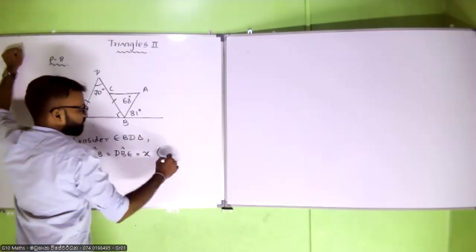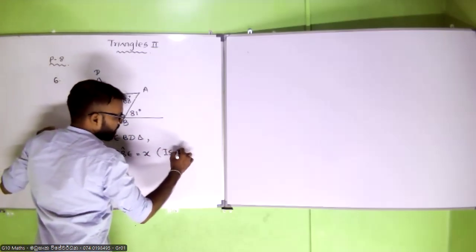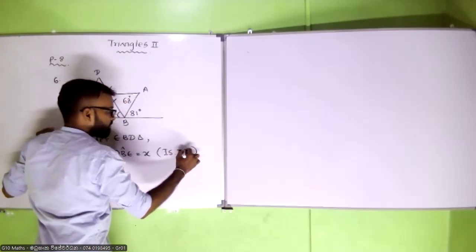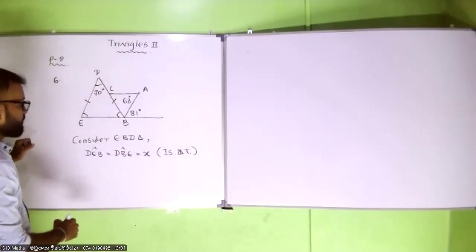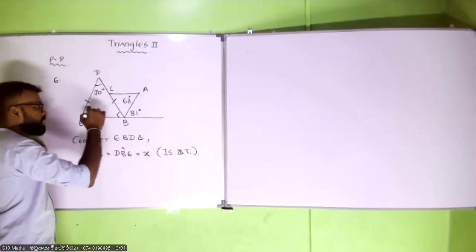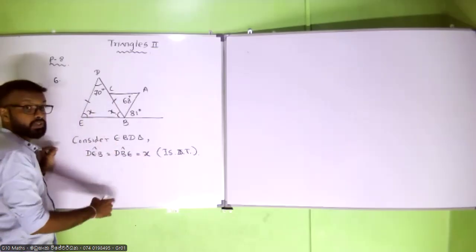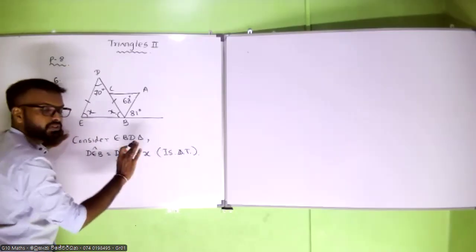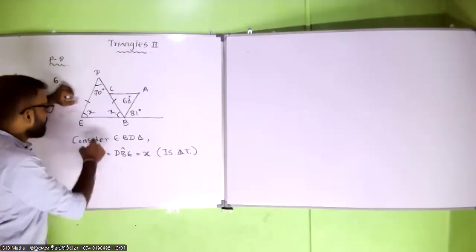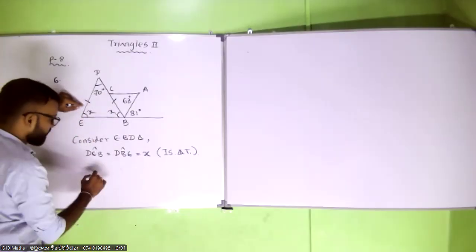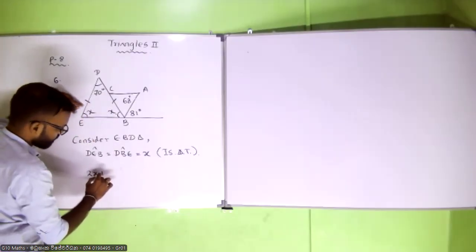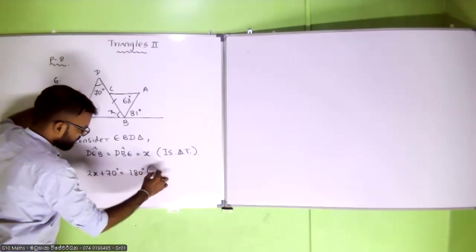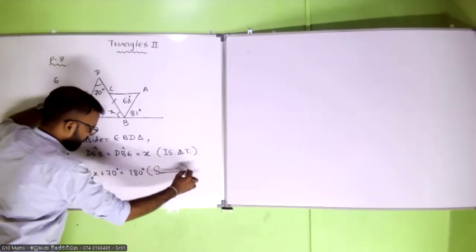The reason is the isosceles triangle theorem. So I have taken these two as x. Then x plus x, 2x plus 70 degrees equals 180. The reason is the angle sum of a triangle.